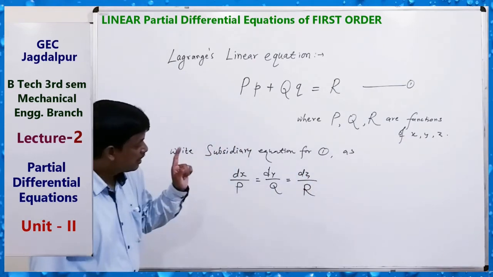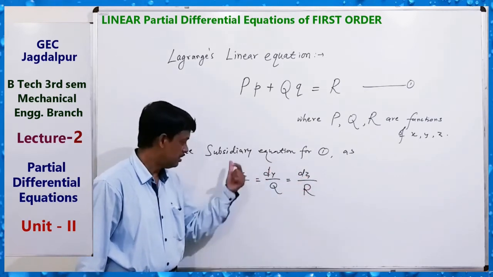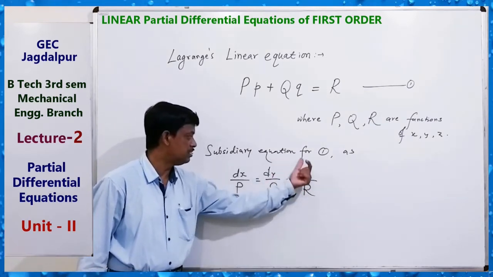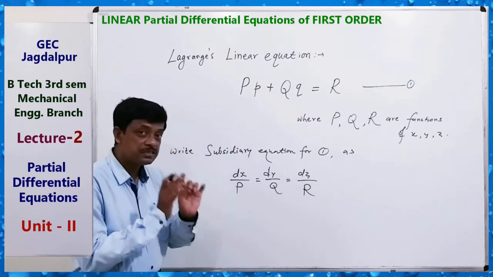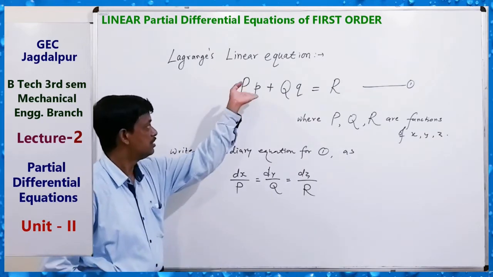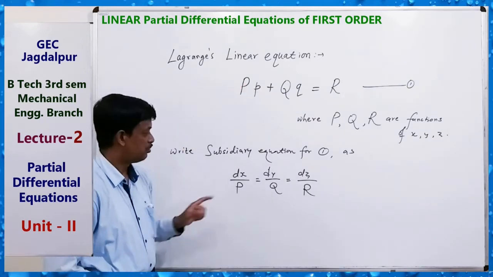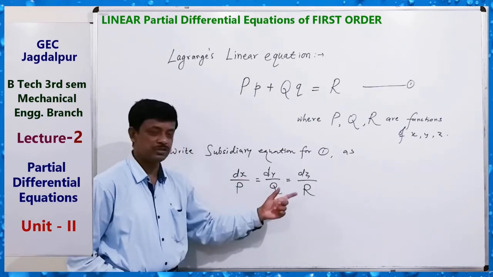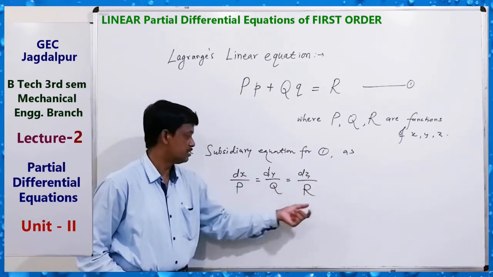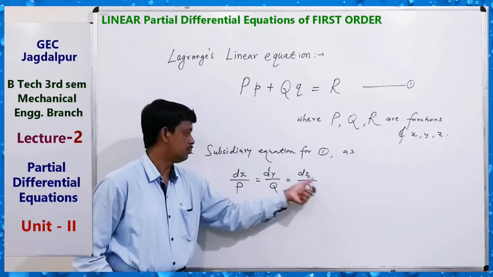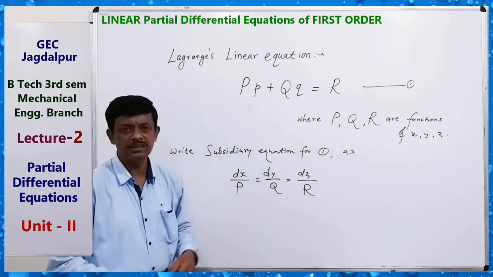This is dx by P, dy by Q, dz by R. This is the subsidiary equation for this linear equation. From this simultaneous equation, where this is equal to this, and also this is equal to this, you can consider this equal to this, this equal to this, or this equal to this. You can get integral equations.